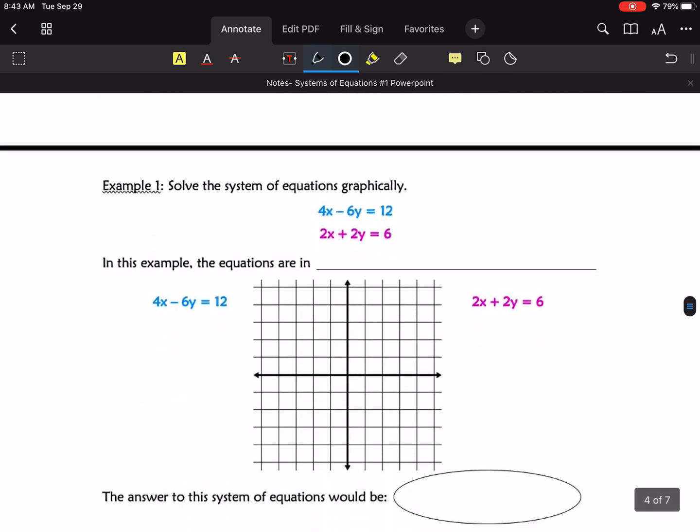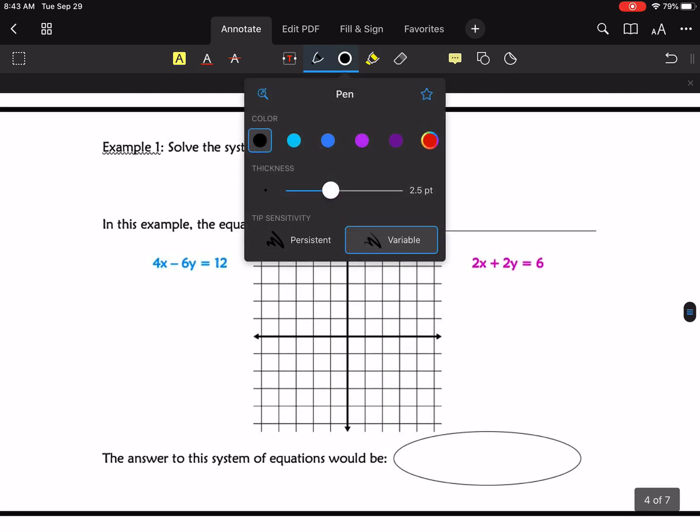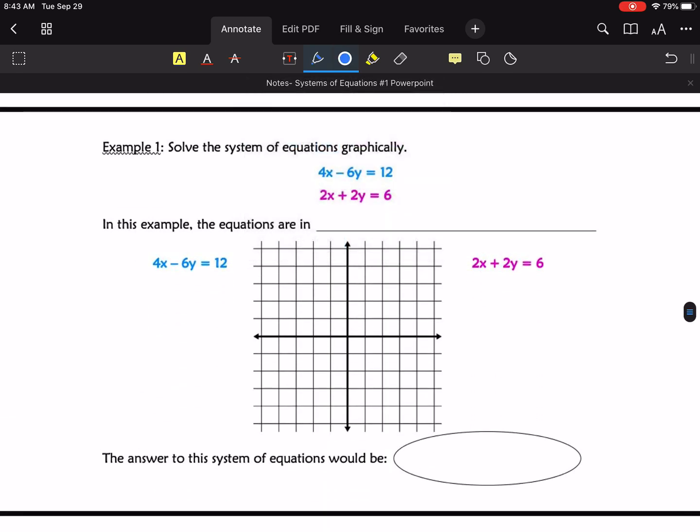So looking at my example here, the equations are both in standard form, right? X and y are on the same side, so I'm going to do cover-up. So for the blue equation, I want to find the x-intercept first. So cover up the y, and I'm left with 4x equals 12.